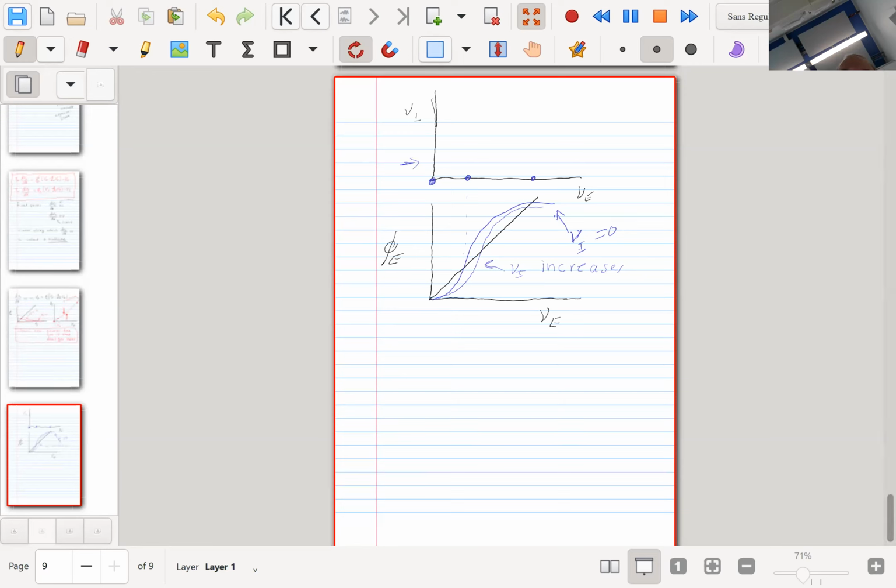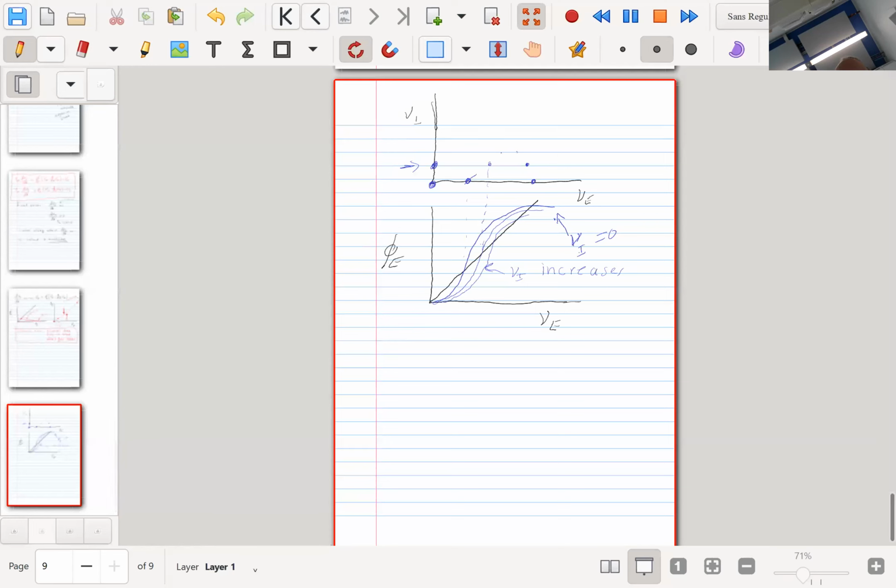So this point here is still in equilibrium, right? 0 firing rate. This point here has moved over a little bit, so this point here is now here, and this point here is now here. And you can see as you increase nu I, these points just move over, and we end up getting a curve that looks like this, and one that goes up here.